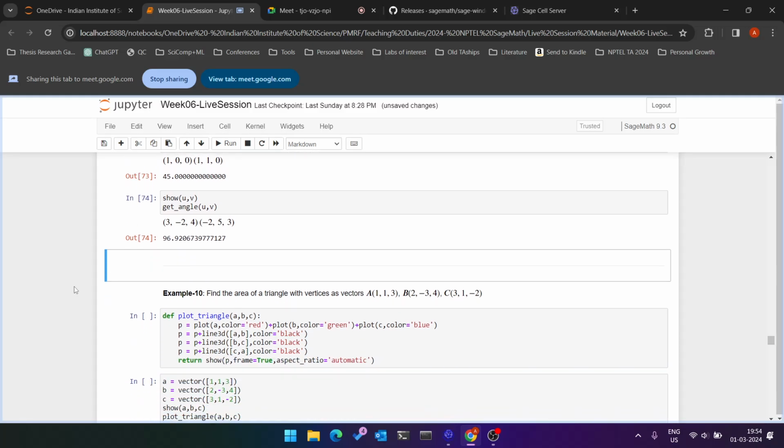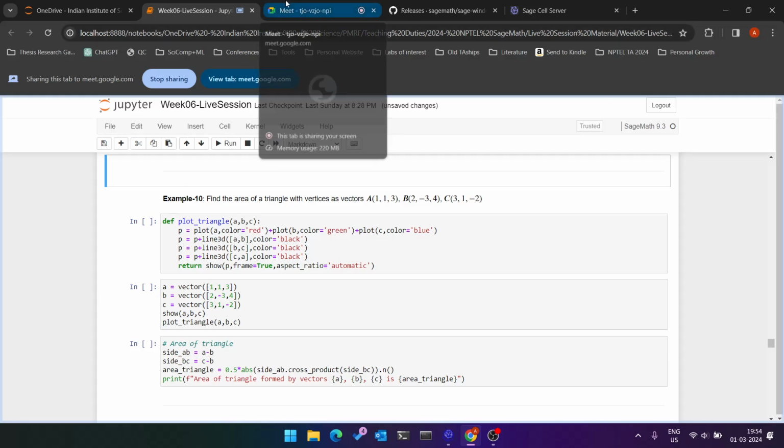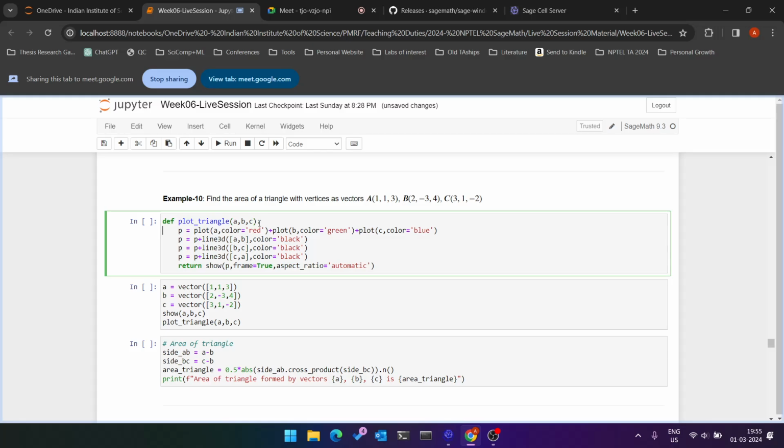Okay, we move on to the next example where we are asked to calculate the area of a triangle with vertices as vectors. So here we have been given vertices as A being 1, 1, 3, B being 2, minus 3, 4, and C being 3, 1, minus 2. To address this, we define a function called plot triangle, which first plots the 3 points as vectors A, B, and C respectively in 3 different colors, red, green, and blue.